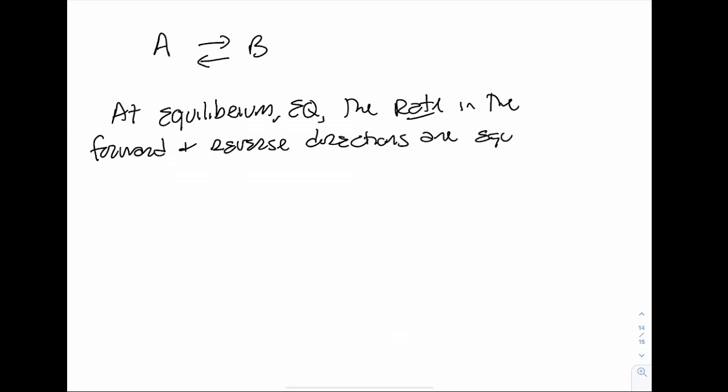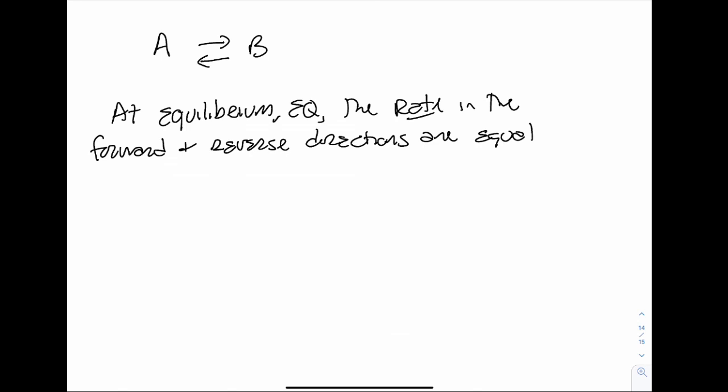So be really careful. Just because I'm drawing arrows going in both directions doesn't mean we're at equilibrium. We don't know that we're at equilibrium unless those rates are equal, right? If I'm forming B with the same rate that B is decomposing back to A, then I'm at equilibrium.